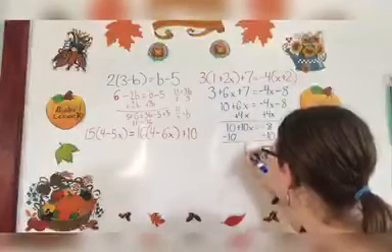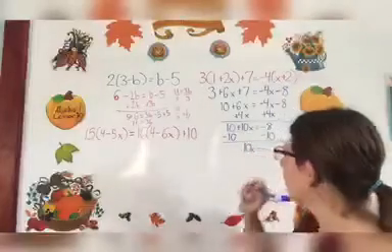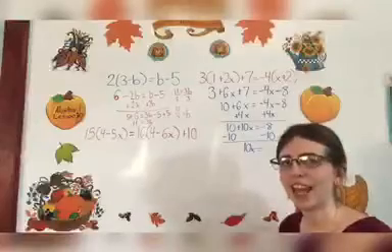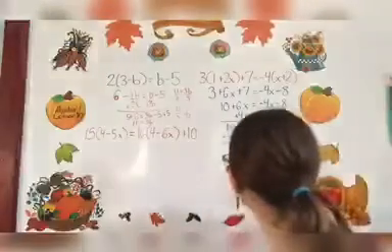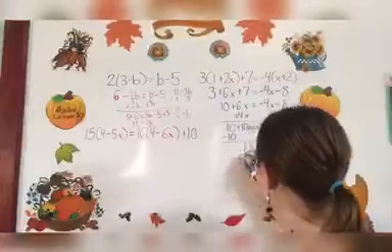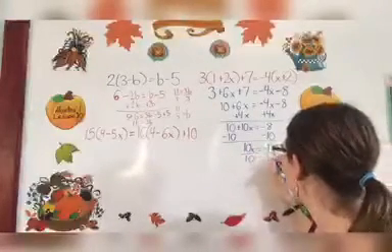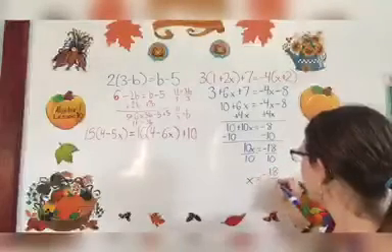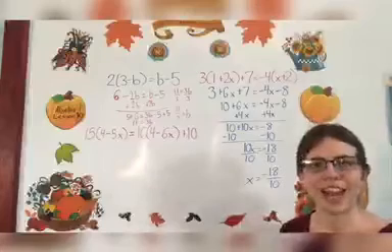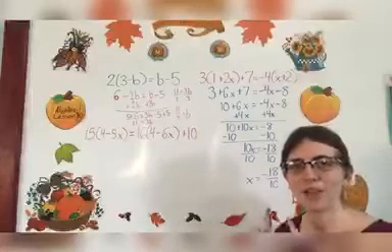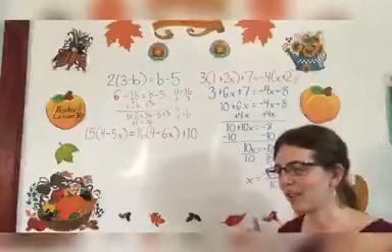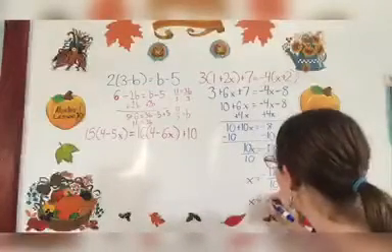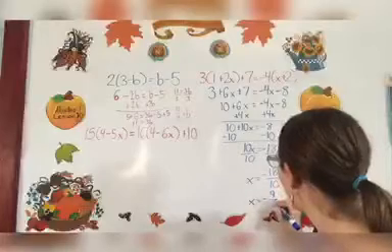This leaves me with 10x over here equals, well, negative 8 minus 10, that's the same as negative 8 plus negative 10, so that's negative 18. Divide both sides by 10 to get rid of that 10 with the x, and x equals negative 18 over 10. Okay? You can reduce this. This is not done. We have to reduce this, and that will give you x equals negative 9 over 5.